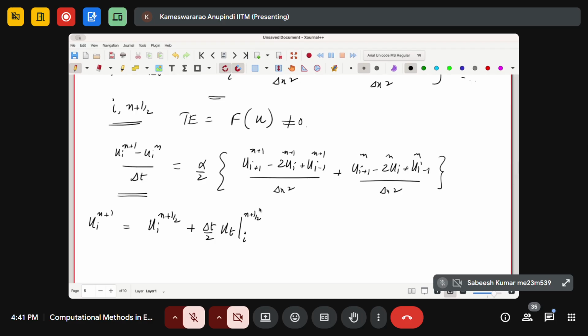So we will not write this i and n plus half for each of the terms, but we keep at the back of our mind that all these derivatives, all the things that we're writing here are all at i and n plus half. Okay, and then we should be cautious that the time step between n plus half and n plus 1 is only delta t by 2.